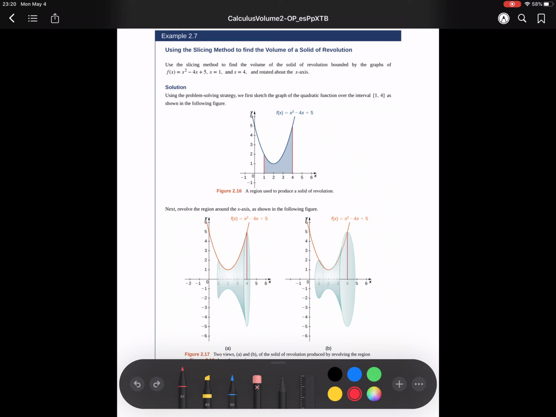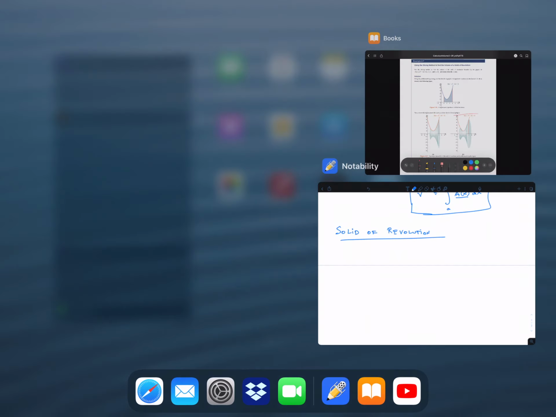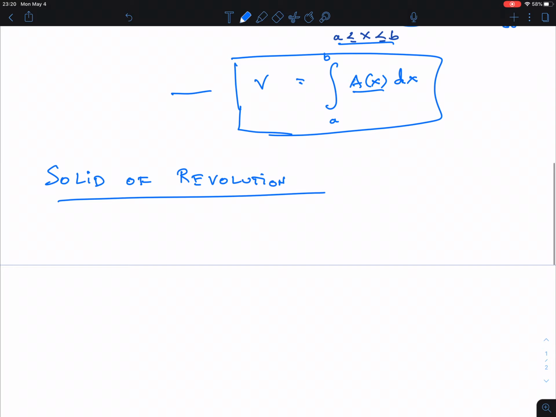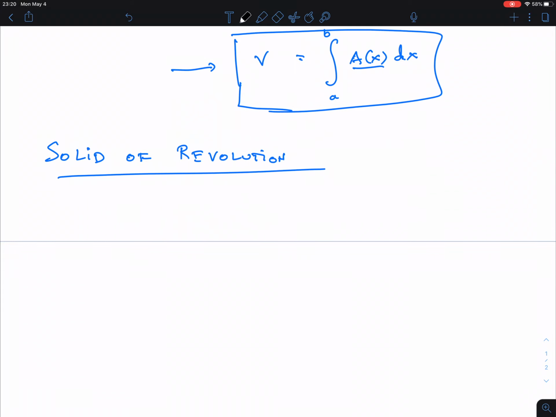What we need now? Remember our previous formula, this is what we need to calculate. So we have this region, f of x, on a certain interval a to b.